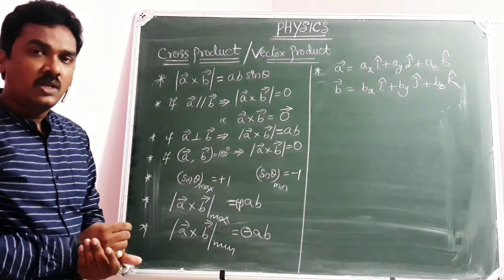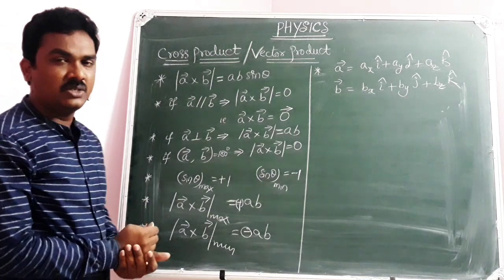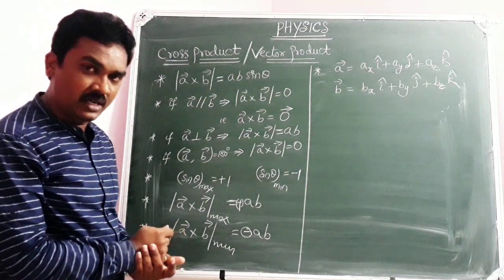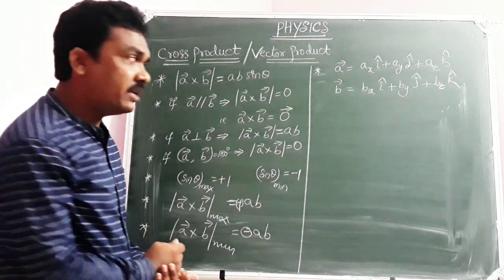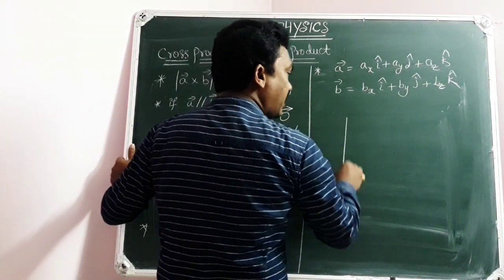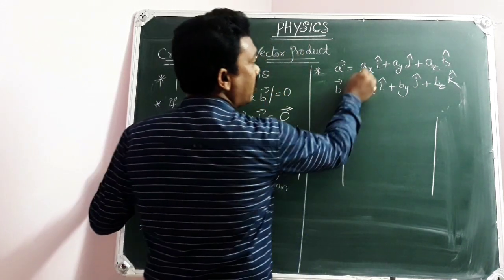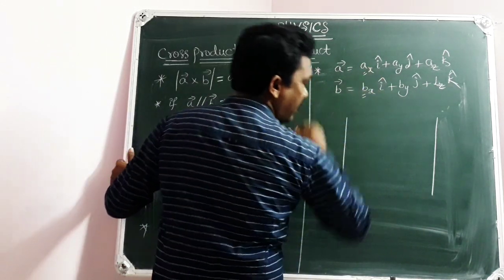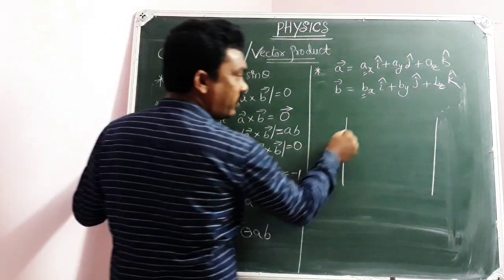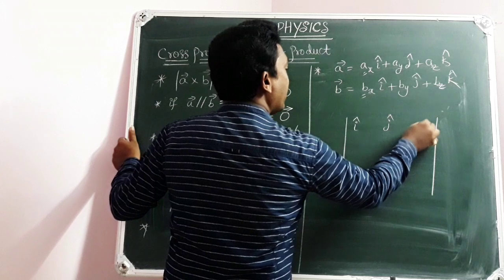To know that, you should be familiar with the word det, or determinant. Yes, you have to write a matrix form, a determinant form, connecting all the components of A bar and B bar. The first row will be I cap, J cap and K cap.